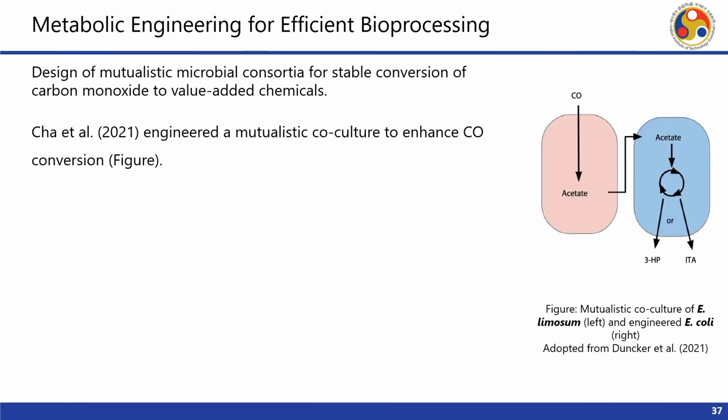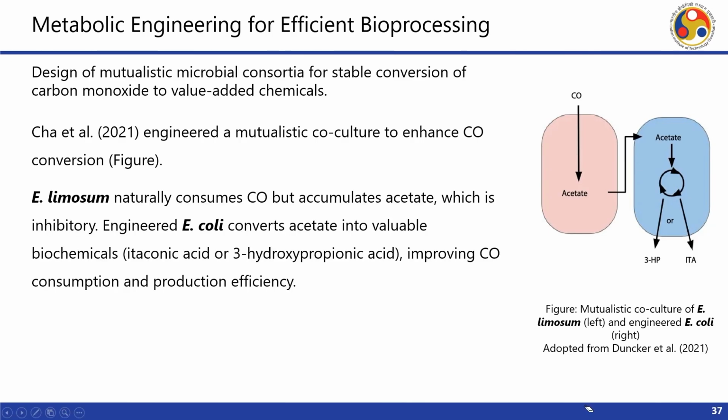So, let us now look into an example where Cha et al. designed a mutualistic microbial consortium for stable conversion of carbon monoxide to produce value added chemicals. In this picture you can see carbon monoxide going through the cell and then converted to acetate, which is then transferred to another cell in the consortium, which will be converting it into different value added products.